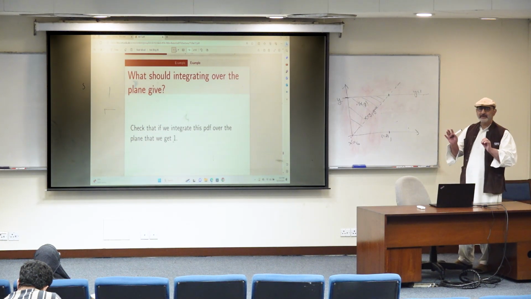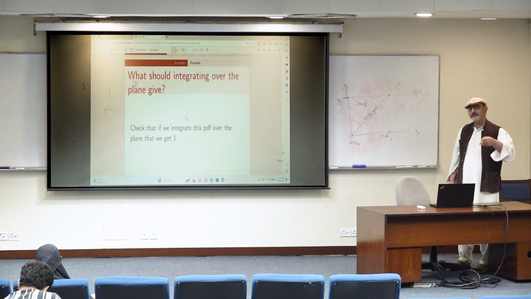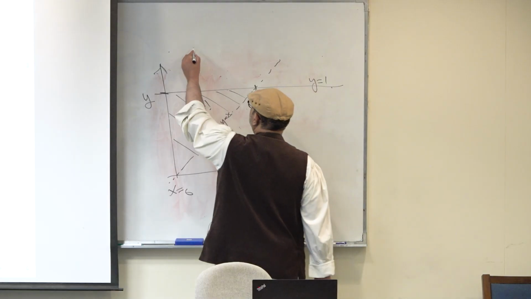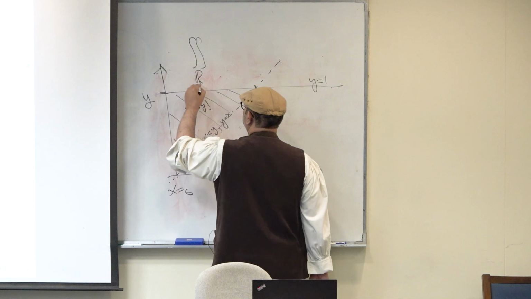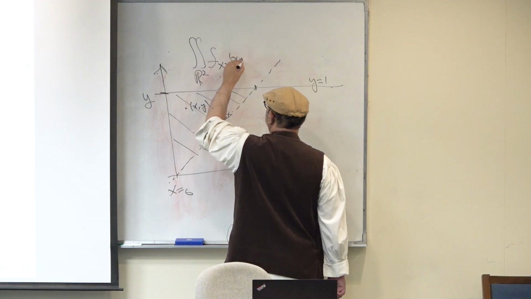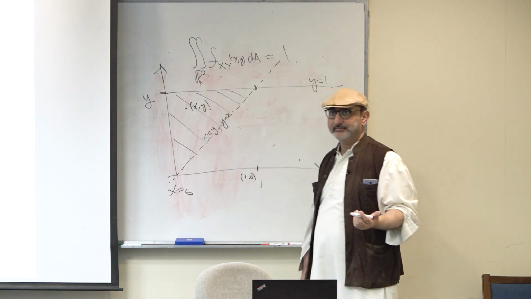Integrating a PDF of a single random variable over the entire real line is supposed to give you 1. For two random variables, integrating a joint PDF over the entire plane is supposed to give you 1. So if I integrate over the entire plane, R2, area element, I'm supposed to get 1.